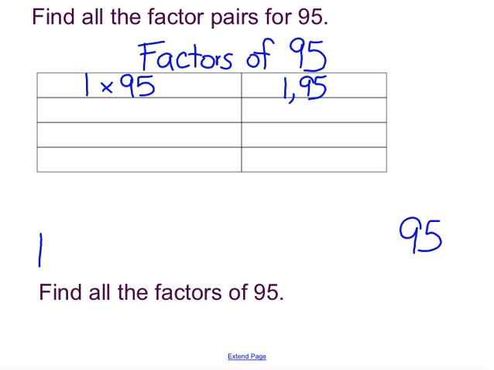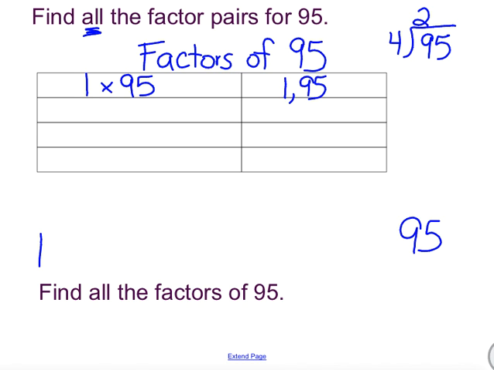Now I'm going to try 4. I'm thinking it's not a factor. But guess what? We have to make sure because we do not want to skip a factor, because this says all. So let's see if 4 goes into 95 evenly. How many times does 4 go into 9 without going over?